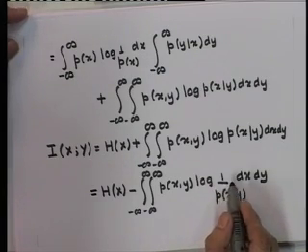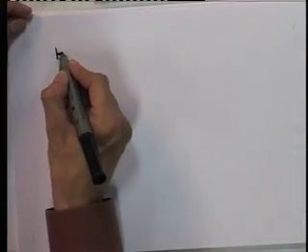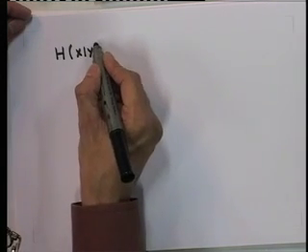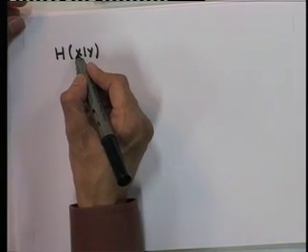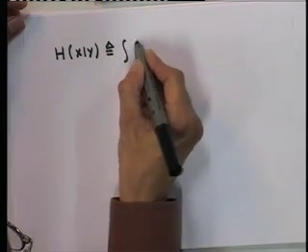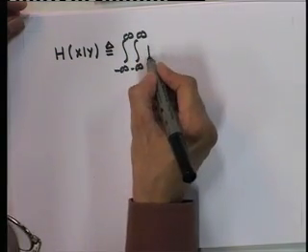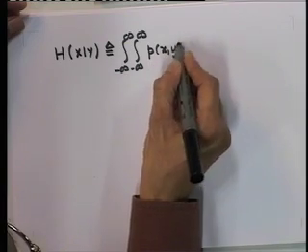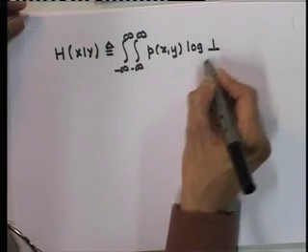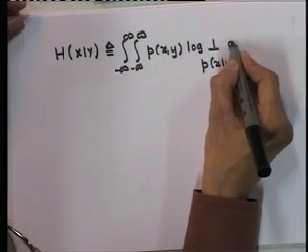So, thus by definition h of x given y, that is the equivocation of the random variable x with respect to y, is equal to the double integral of joint PDF of random variables x y multiplied by log of 1 by conditional PDF of x given y.